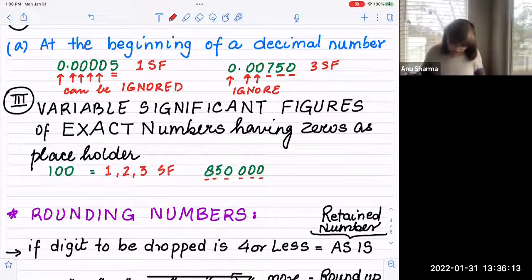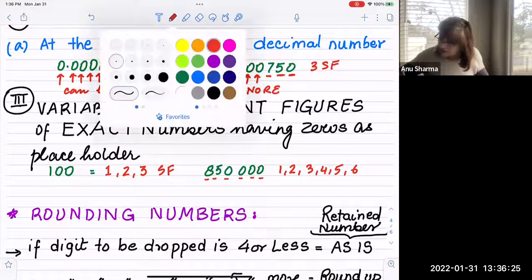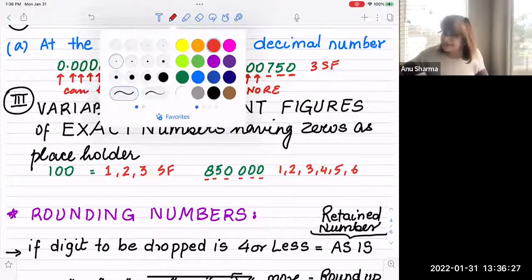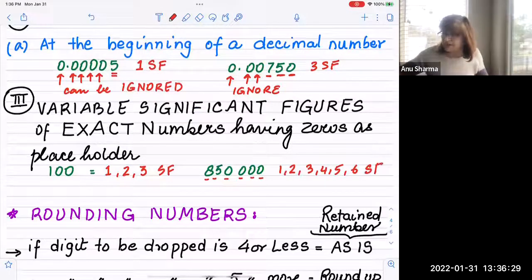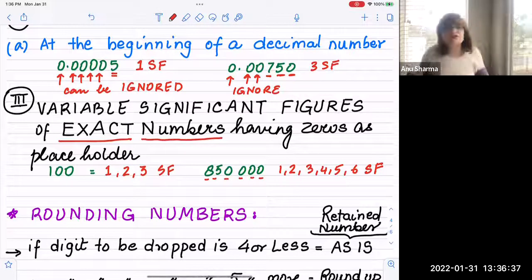So this can have a maximum of 6 significant figures. All the possibilities are there. So that is why exact numbers generally are not even counted when we are doing the calculations.